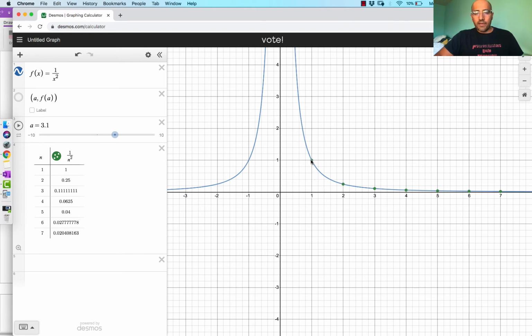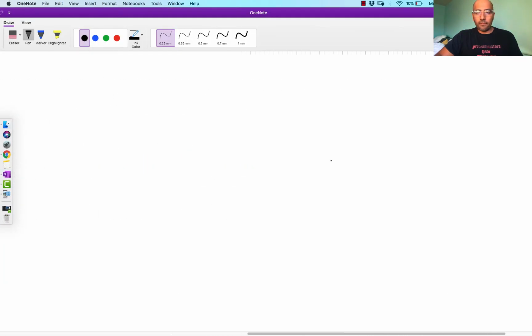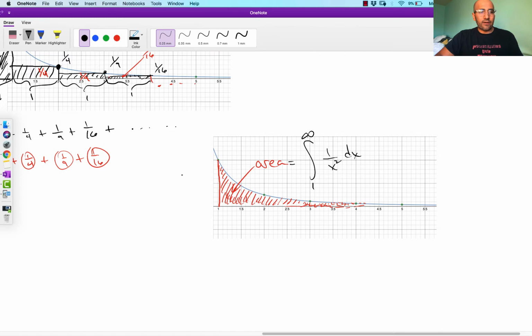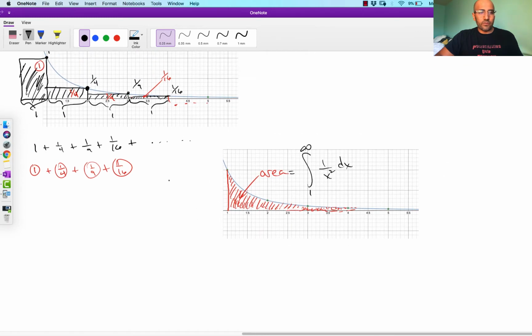And now if we simply take this first rectangle and think about it separately, then it is true that the sum of all the other rectangles has to be less than the area underneath that curve. Right? We can go over here. So except for that first rectangle, let's zoom out here.